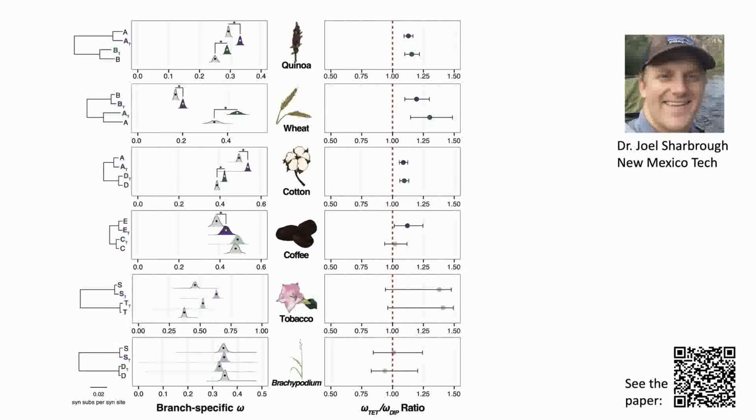And if we organize these species based on how old the polyploid is, we can start to see a bit of a trend where the older polyploids at the top tend to have significantly different dN/dS values from their diploid relatives. And for those more recently evolved polyploids, such as Brachypodium on the bottom, there may not be that time yet for these mutations to have accumulated at a rate that's different from their diploids.